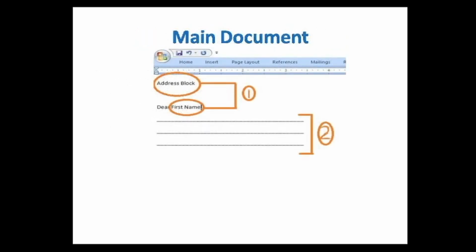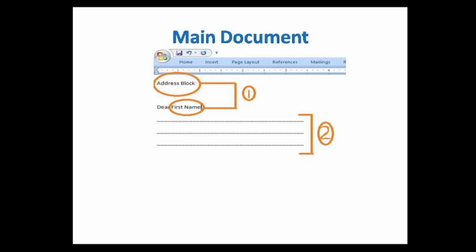So this is how the main document will look. This is nothing but your Word document. The main document is your starting point. The main document can be a letter, envelope, or an email. It contains elements as shown here. You can see an address block is there, and the first name is there, which can be unique for each and every recipient.